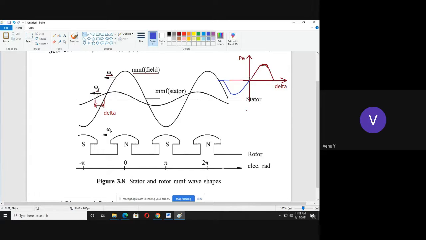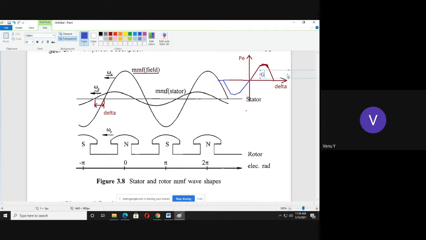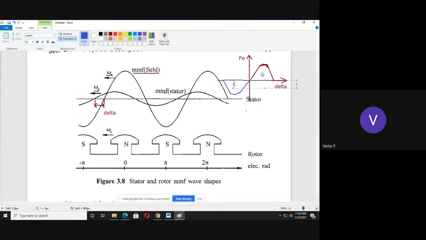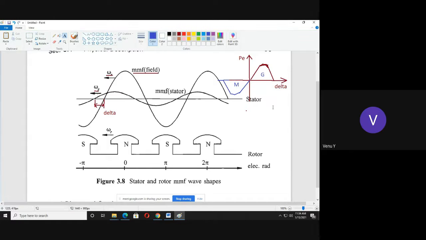This is negative side. Then both will reverse. Just opposite. Then delta will become negative. This is generator mode. This is motor mode.